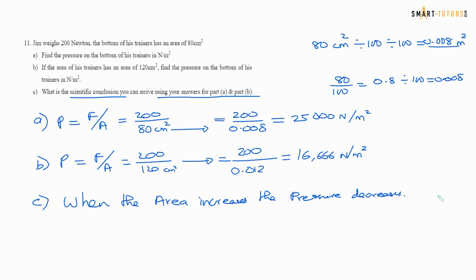So what happened? The area went from 80 to 120, the area increases. So the pressure goes from 25,000 to 16,666, it reduces. So that is the answer for question number 11C.